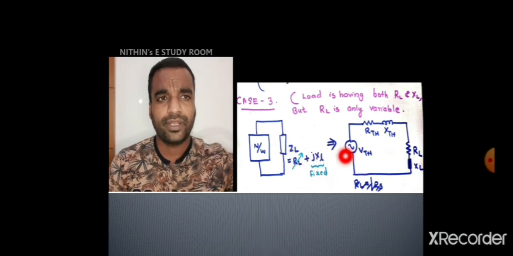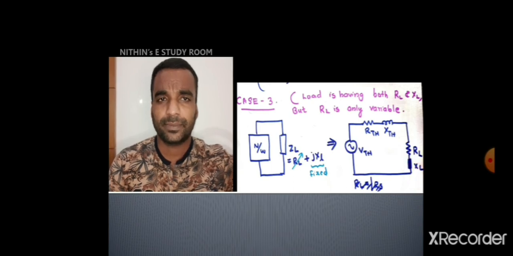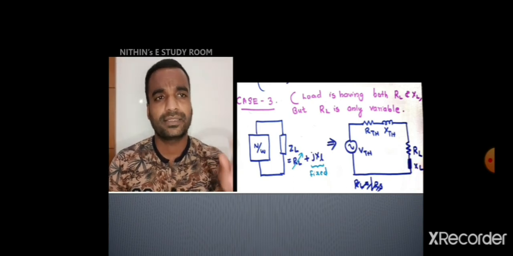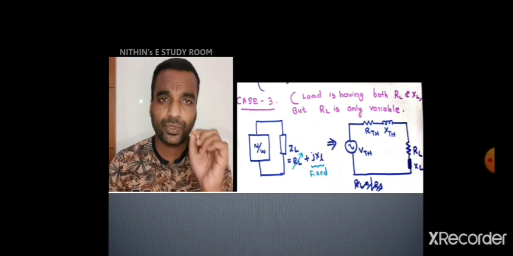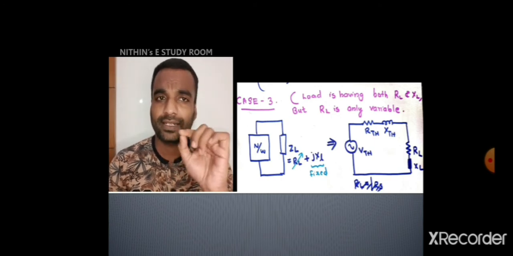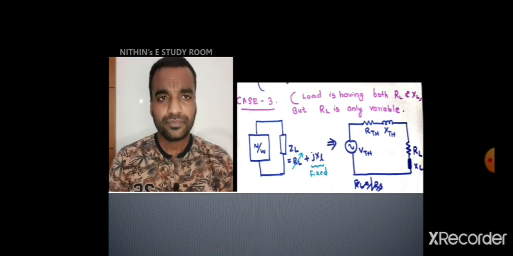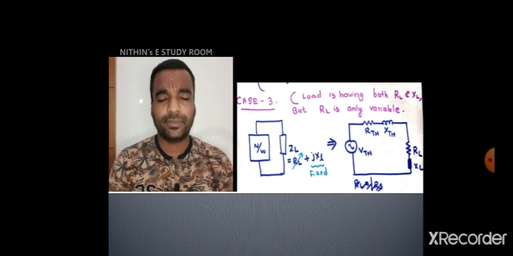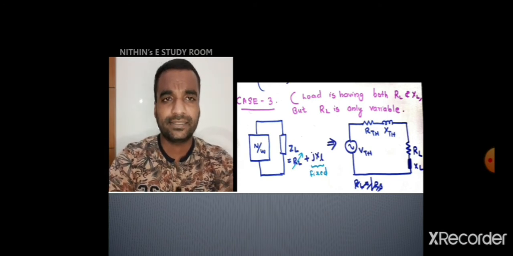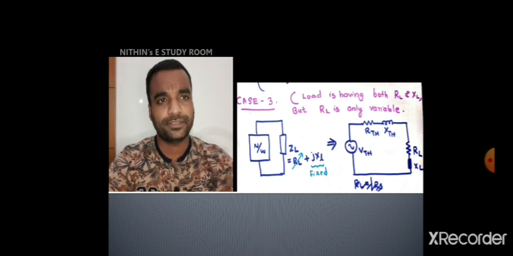Or if you are drawing like this, in this figure you can see RL and XL are separate elements, so you can mark just RL and XL. If you are marking as a single vector, you have to write RL plus JXL. Now RL is variable and JXL, the inductive reactance part, is fixed.